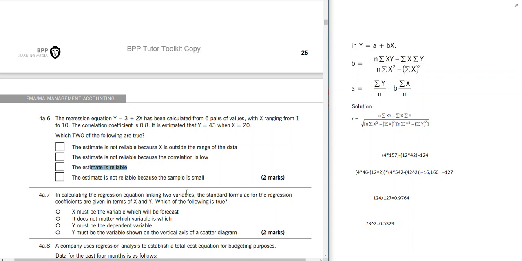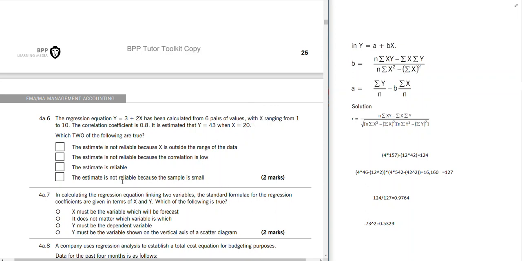Estimate is not reliable because the sample is small. Because of the factor that we are estimating the data outside the range, which is 20, that contributes to it not being reliable.